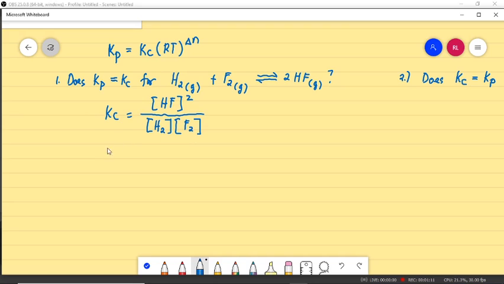Now the K sub P is equal to K sub C times quantity RT raised to the power of delta N. So since we already have our expression for K sub C, then we will just copy.